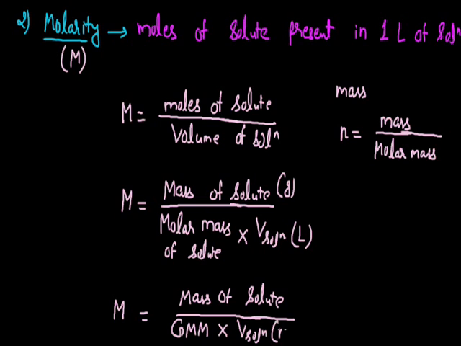Now this time, if the volume is given in ml, we need to divide this by 1000 to convert it into liter, and when we divide this by 1000, it will come as the multiplication of this mass of solute.